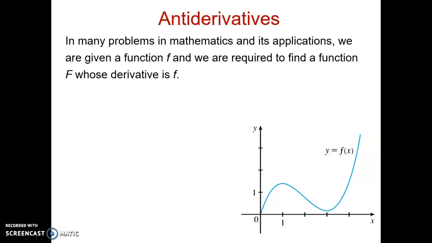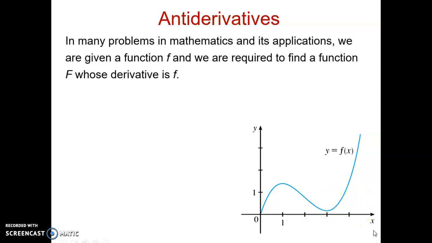So in many problems in math and its applications, we're given a function f and we're required to find a function capital F whose derivative is the given function f. As a matter of fact, Leibniz and Newton, that's actually where they started calculus. They started looking at rates of change curves first and then started going backward to the original curve.